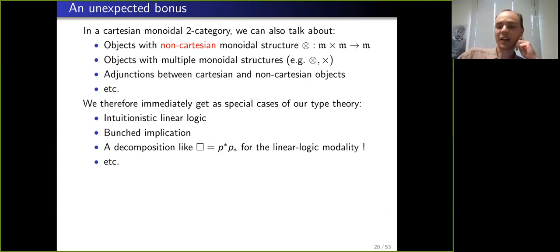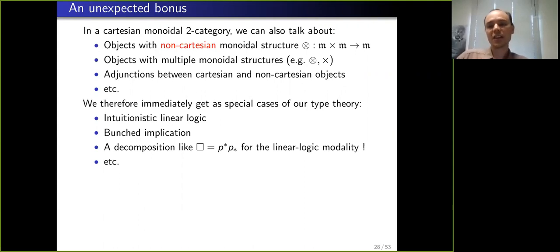An object in a two category can have a symmetric monoidal structure or a braided monoidal structure or a non-symmetric monoidal structure, or it could have multiple monoidal structures. It could have a Cartesian product and also a non-Cartesian product, and we can have adjunctions relating these and various kinds of structures. And so we automatically get a type theory corresponding to all those different kinds of structures that we can put on objects of our two category. And those actually correspond, with a bit of work, to type theories that people have already studied.